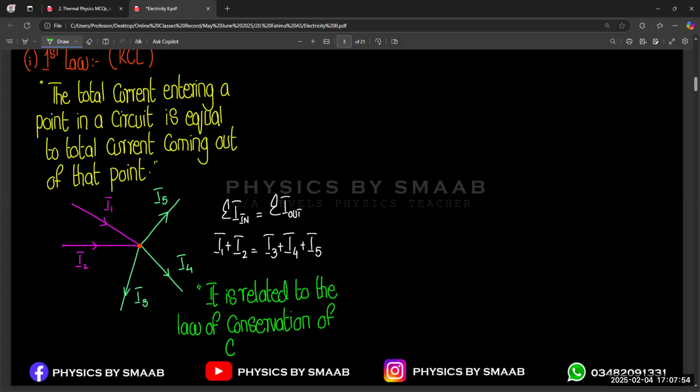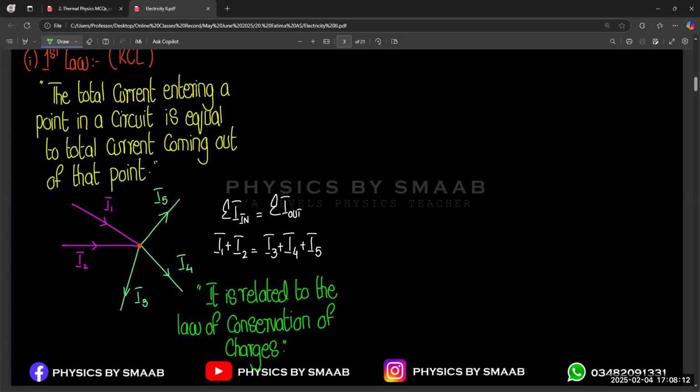All charges remain conserved in this KCL law. So this is the first scenario, the first law of Kirchhoff's.